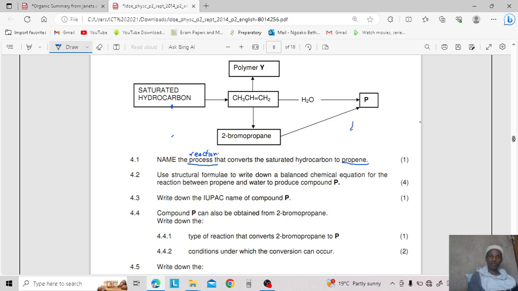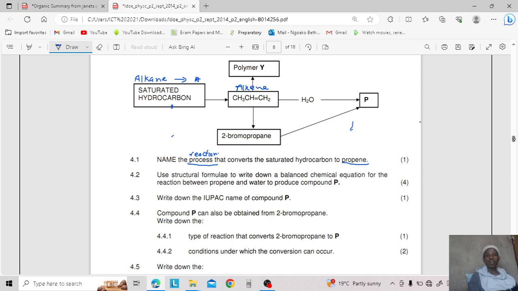Now, what do you mean by saturated here? Saturated hydrocarbons means it is an alkane. So the alkane will produce a double bond, which is an alkene. Let's write, this is an alkene.